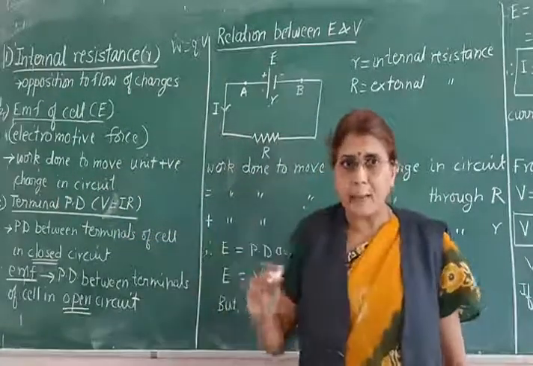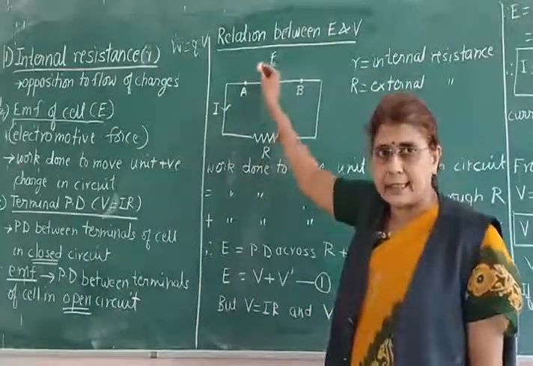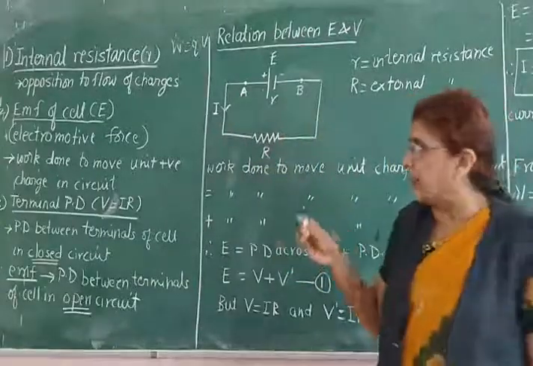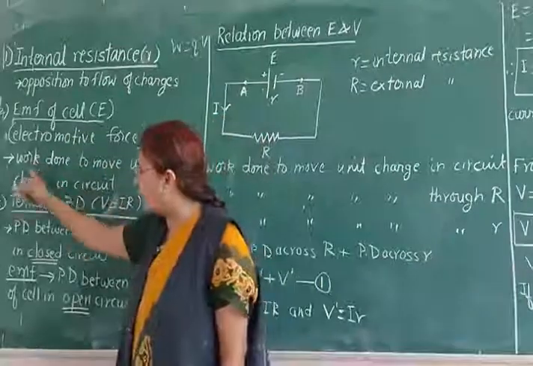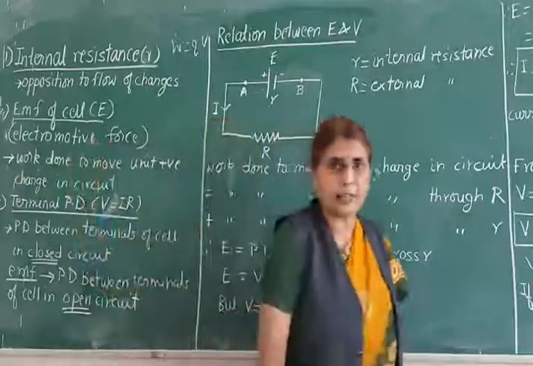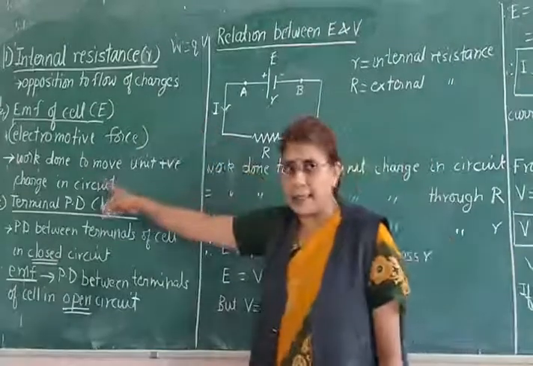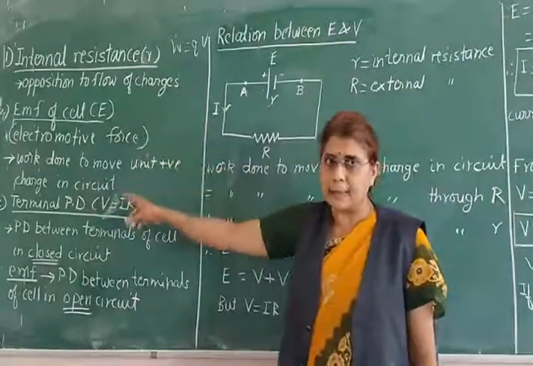The meaning is plus 1 coulomb of charge. If you want to move it through the complete circuit in which the cell is connected, then whatever work is done is called the EMF of the cell. Try to remember the definition very clearly. I will define it once again: EMF of a cell is the work done by the cell to move unit positive charge in the circuit.